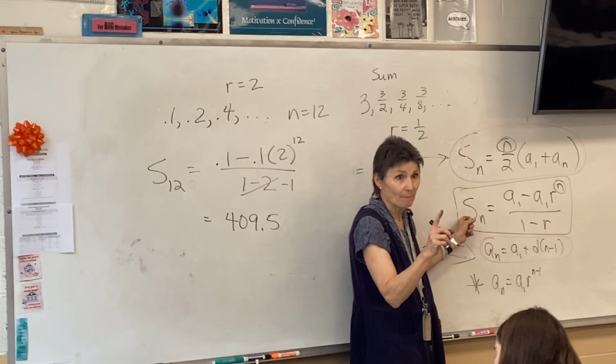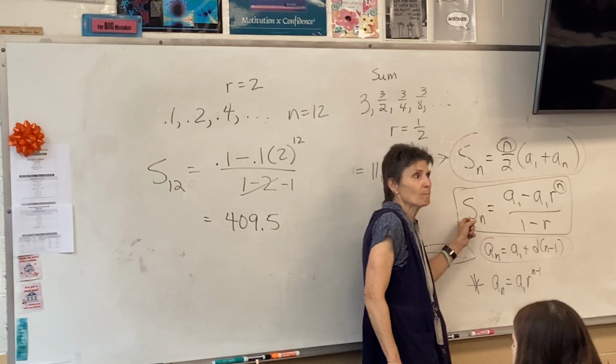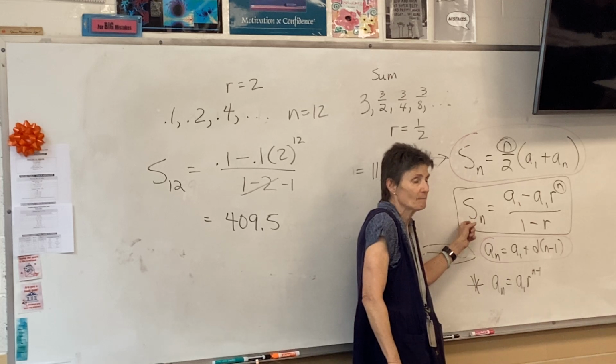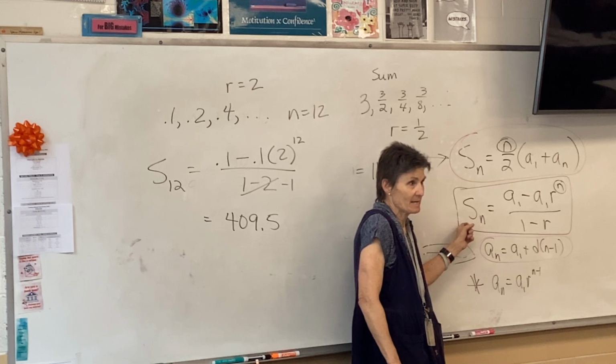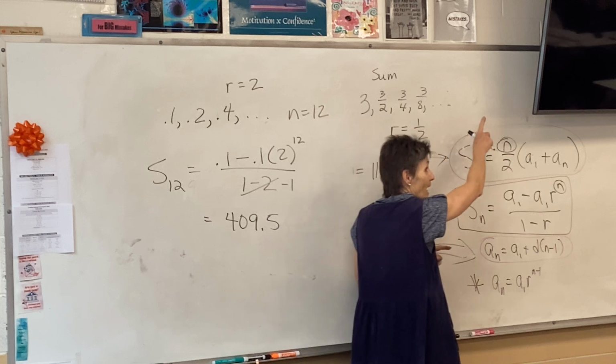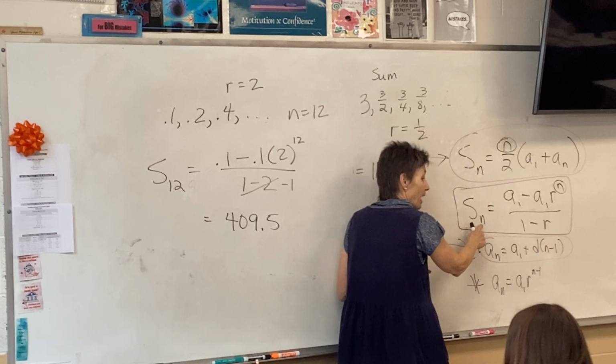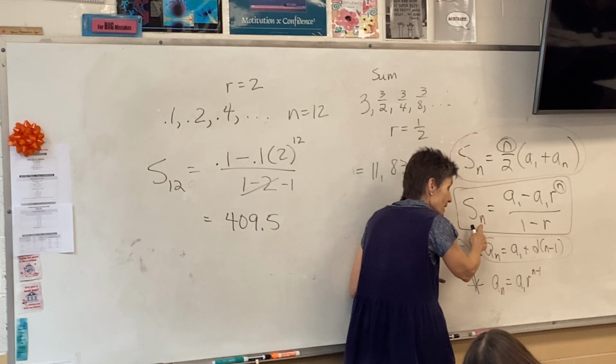But there's a problem. Did you read the question? Do you see a problem with that? It says it's infinite. Now what does infinite mean? Infinite means it goes on forever, which means I don't have an end.